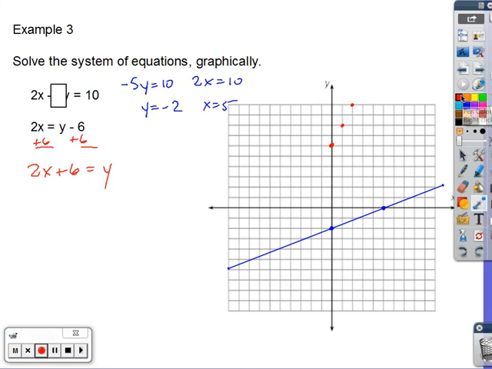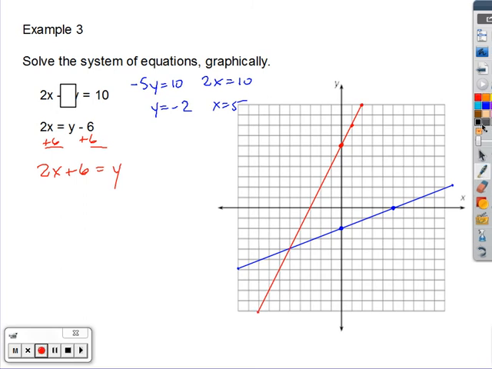Now at this point it looks like it's going to be tough for them to intersect, but again, here comes the importance of drawing a long straight line the whole way across the graph so you can identify that intersection point. And that intersection point appears to be here, and that is -4, -5, 1, 2, 3, -4 would be my answer.